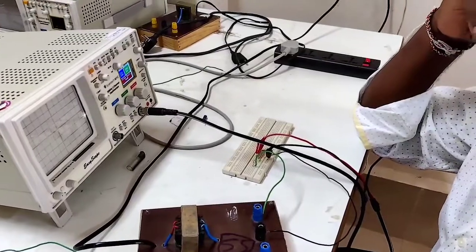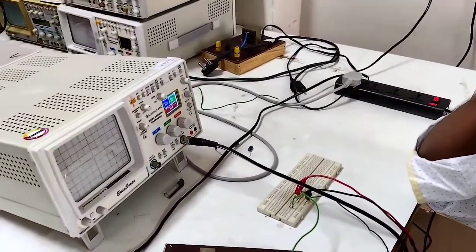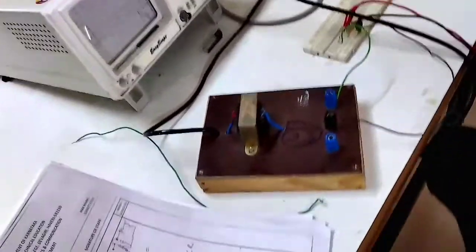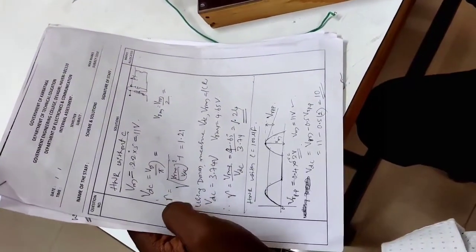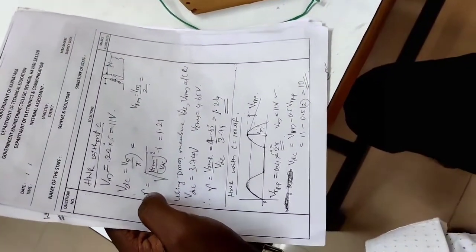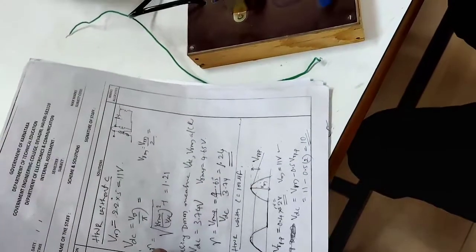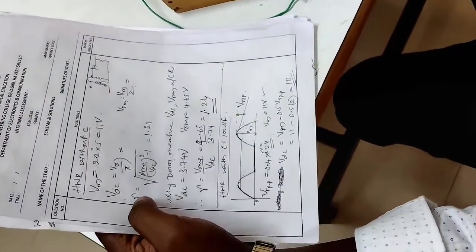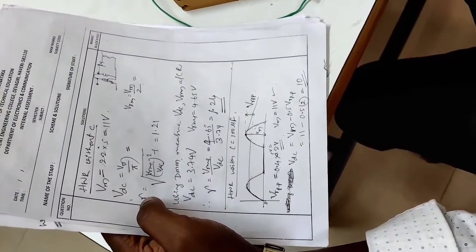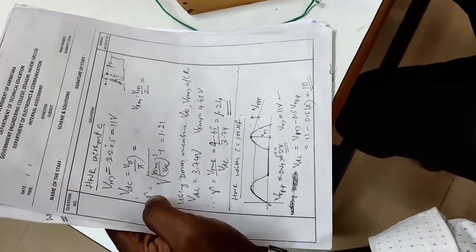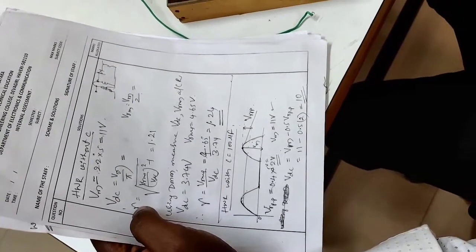After this you have to calculate VDC. For half wave rectifier VDC is equal to Vm by pi, and you have to calculate VRMS, which is equal to Vm by 2. Right?